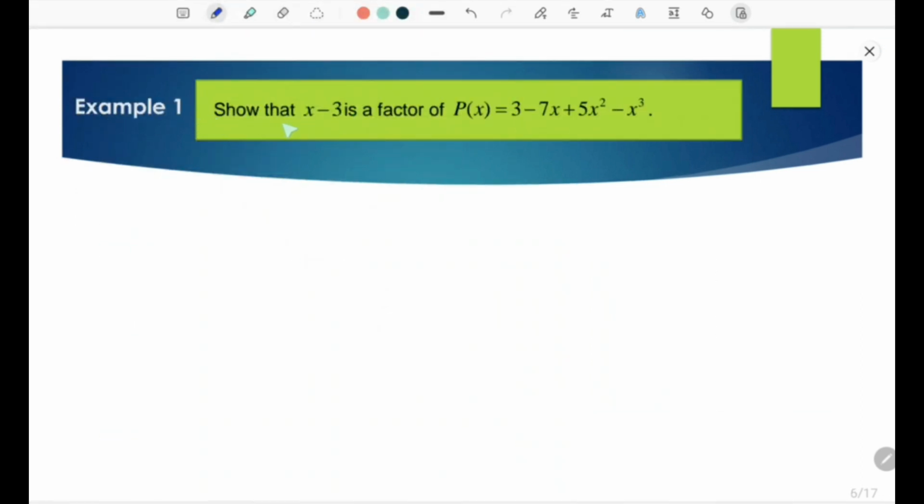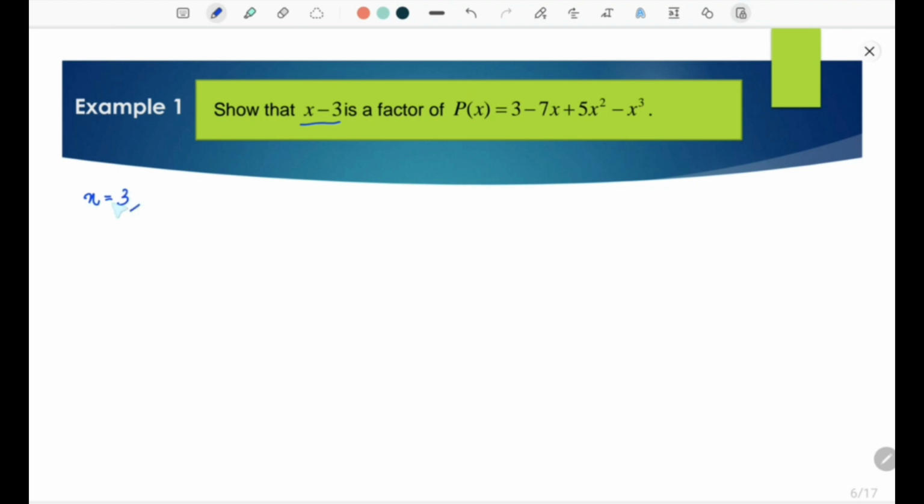Example 1. Show that x minus 3 is a factor of p(x) equals 3 minus 7x plus 5x squared minus x cubed. Based on the linear term x minus 3, we have x equals 3.